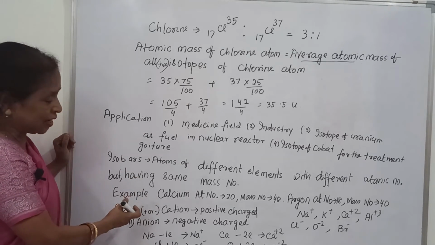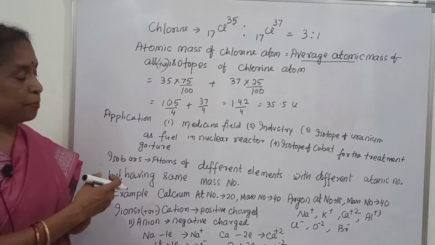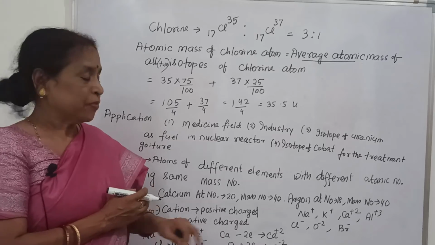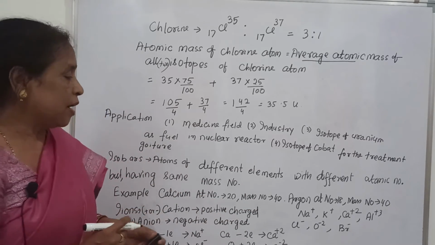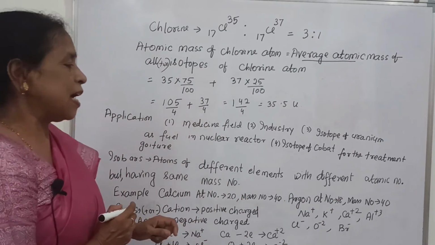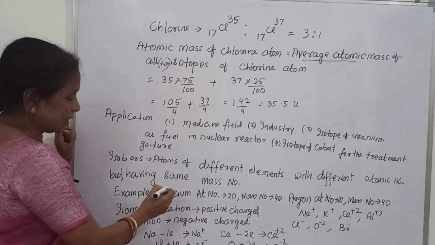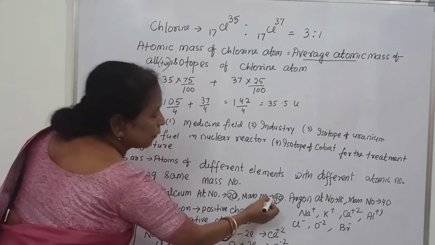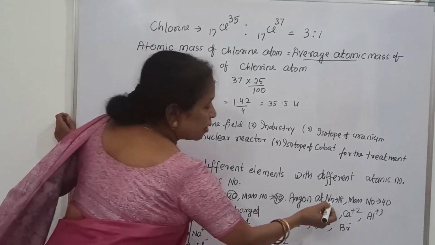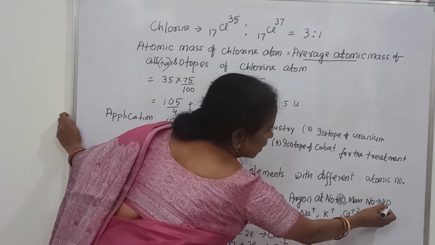Example, an important example, calcium, where atomic number is 20 and mass number is 40. Similarly argon, where atomic number is 80 and mass number is 40. Again see, calcium atomic number 20 and mass number 40, and argon where atomic number 80 and mass number 40.